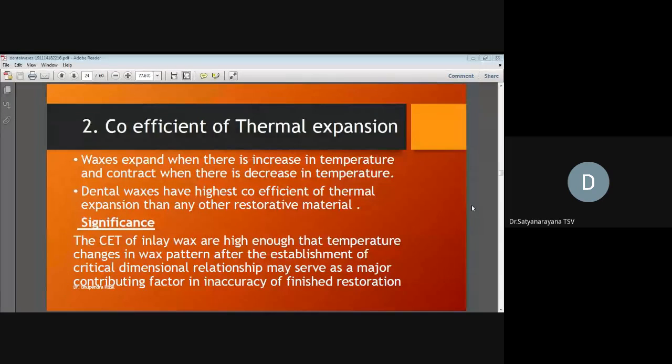If there is a change or inaccuracy, obviously the final restoration you get will also have a dimensional change, and it will result in inaccuracy. That is why your coefficient of thermal expansion is important in your waxes.